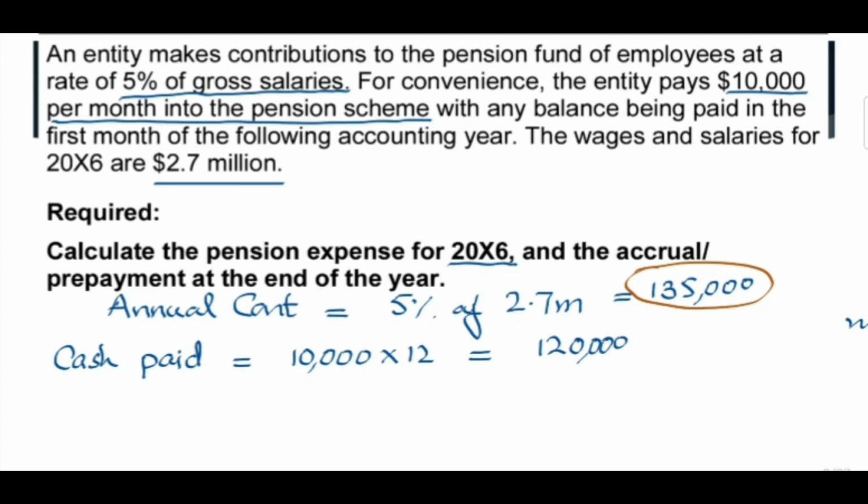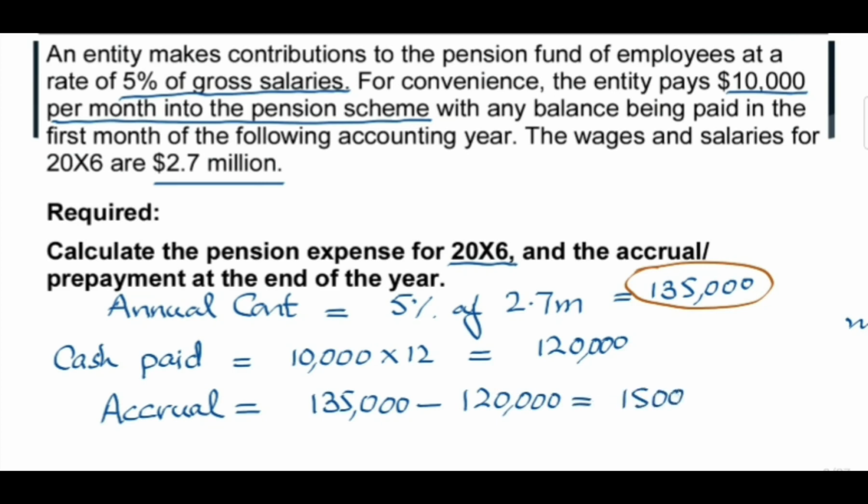Here you can see that the annual contribution is greater than the cash paid figure, so the difference is recorded as accruals in the statement of financial position. As the company has to pay 135,000 as contribution, but during the year the company has paid 120,000. Now it is the liability of the company to pay a further 15,000.